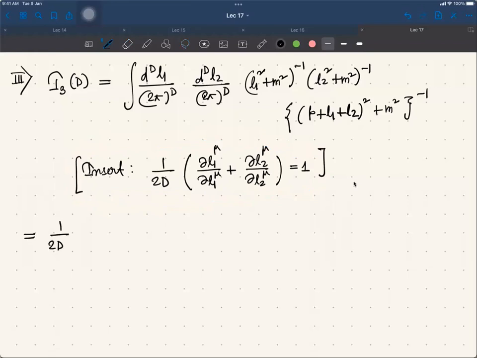So I am doing partial P over 2D dimensional momentum, which is basically L1 and L2 combined together. So that's why we have this identity. And so this is the integral d^d L1.